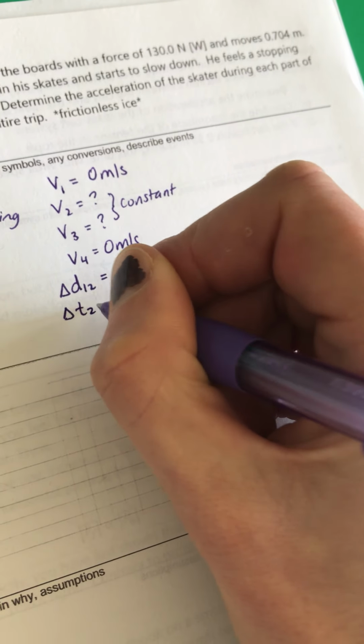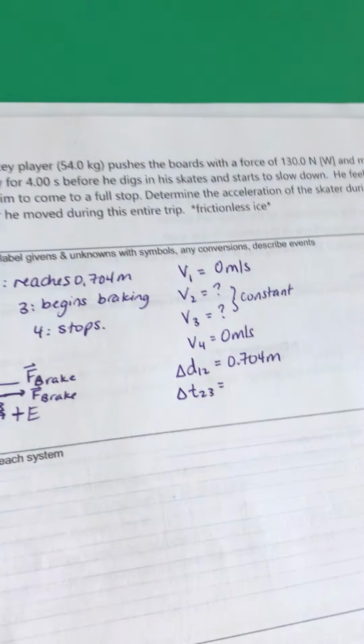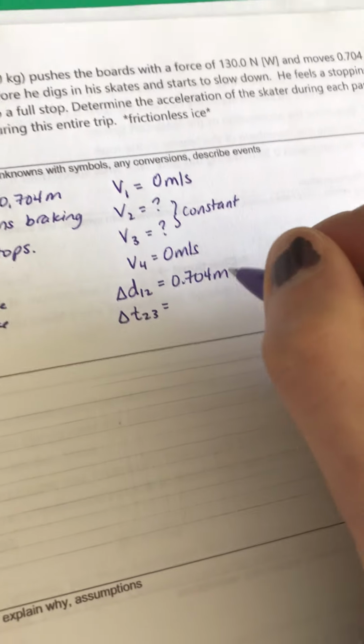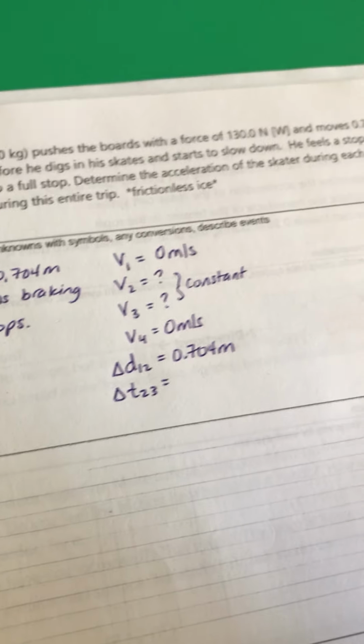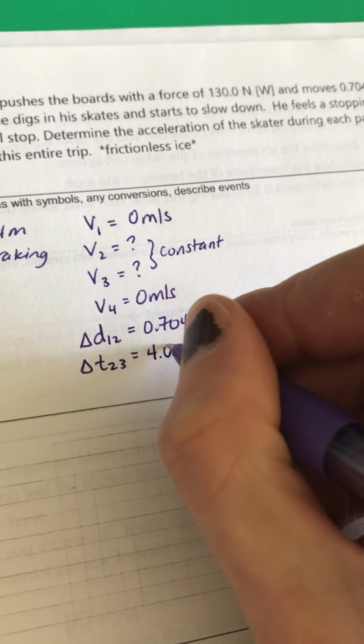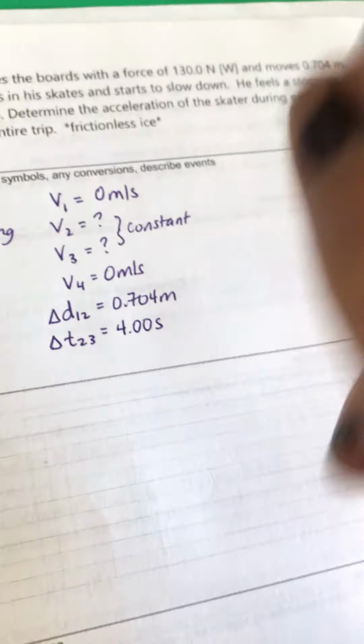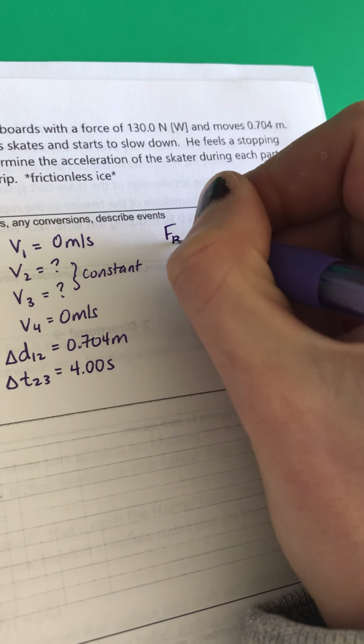The time for which the hockey player is skating is 4 seconds, between events 2 and 3. So it reaches the point of 0.704, glides at constant speed for a little while, so it's 4 seconds, and then brakes. So the braking force, there's a lot of information here.